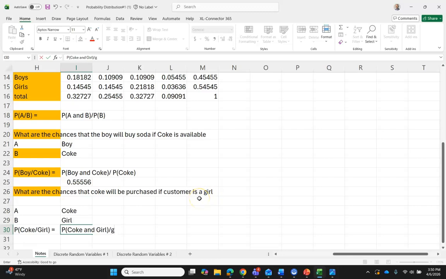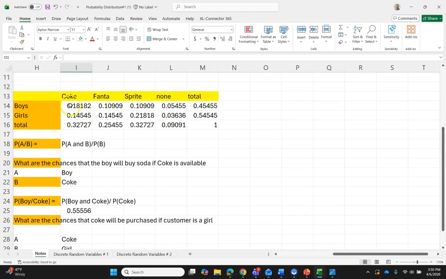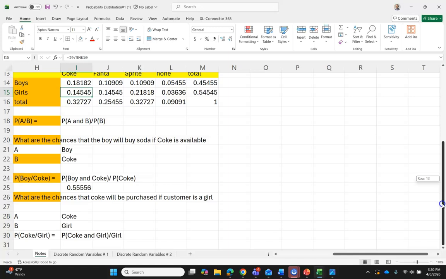That is the condition. So now we're going to look at the joint probability. The joint probability between Coke and a girl is this one here, Coke and girls. That's the one, we have clicked on it.